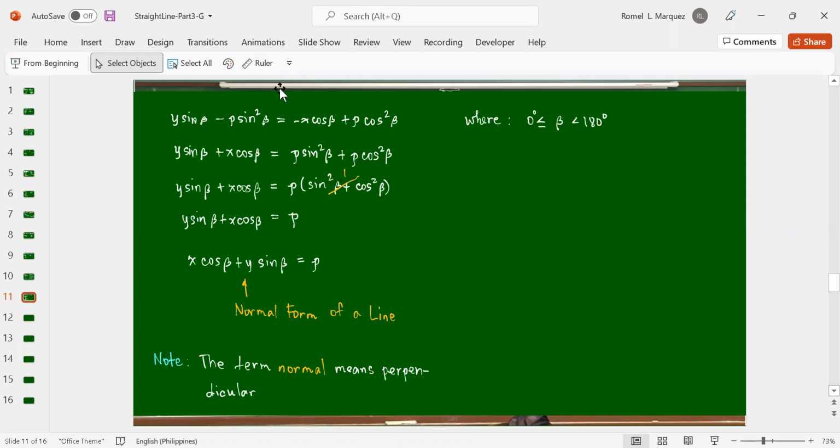How to reduce the general form to normal form?